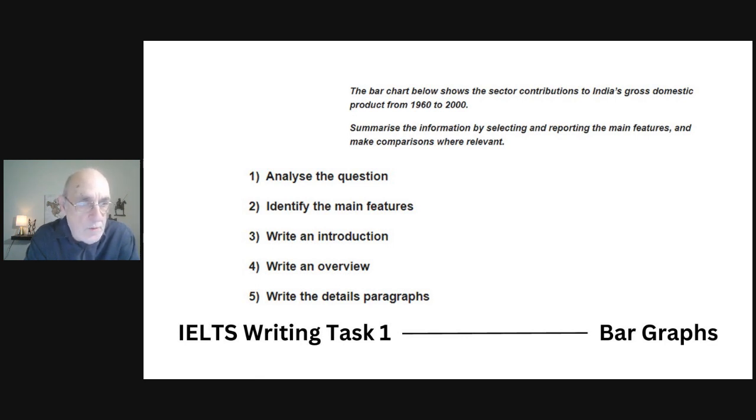And as you go through your strategy, you're going to first of all identify the main features of the bar graph. Then you'll write an introduction, you'll write an overview, and then you'll write your details paragraphs where you summarize and make comparisons of the diagram or chart or graph that you are looking at.